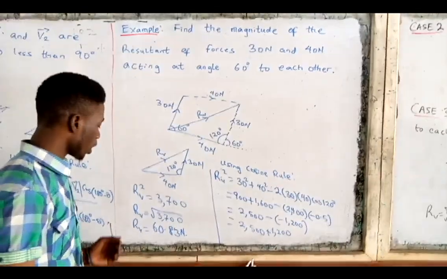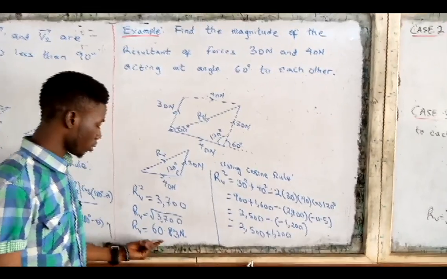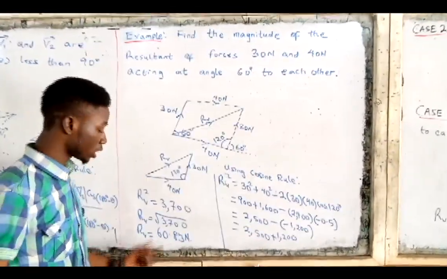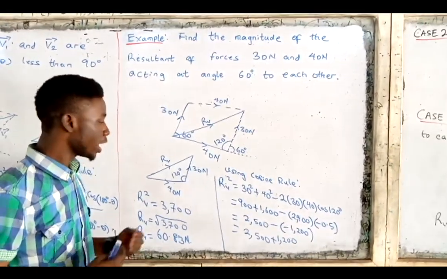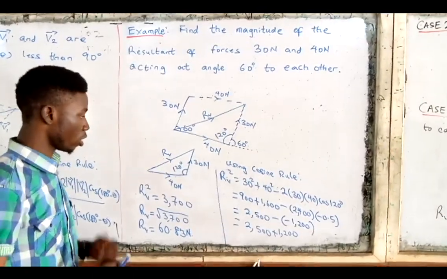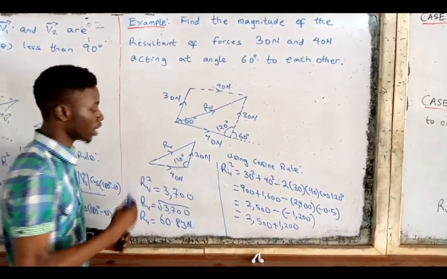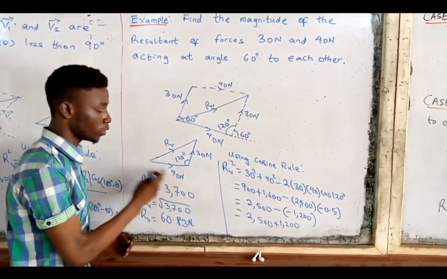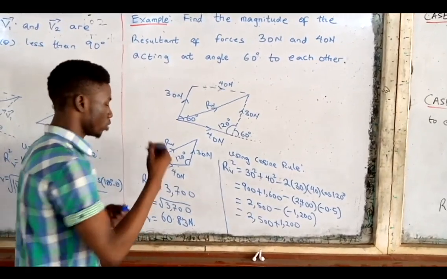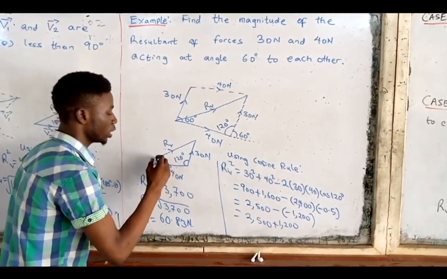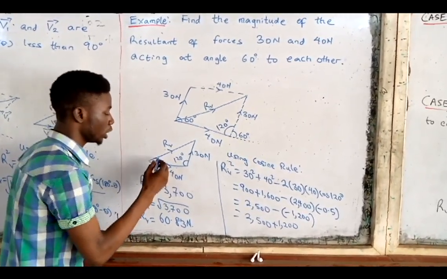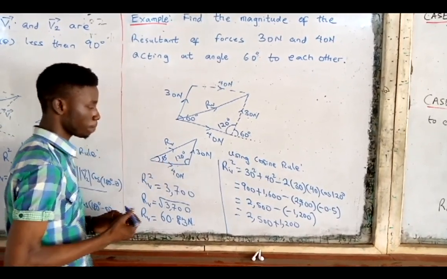Now, having gotten the magnitude of the resultant force, which is 60.83 Newton, let's talk about the direction of the resultant force. I'll be taking the direction of the resultant force from the 40 Newton force. Definitely, the direction will be here. Let me denote it with angle phi.